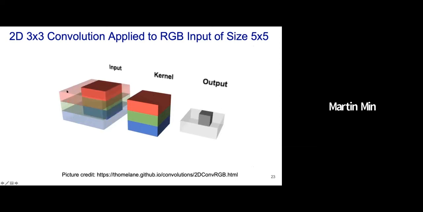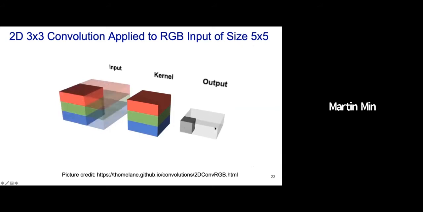You move this kernel in your image this way, right? You can see that the sliding window is actually 1, moving step by step. And then when you convolve it, you get an output here. Each time you convolve it with this kernel, you get an output here.